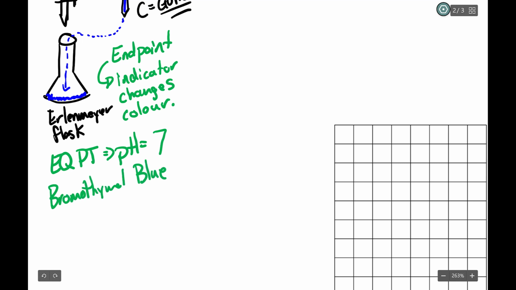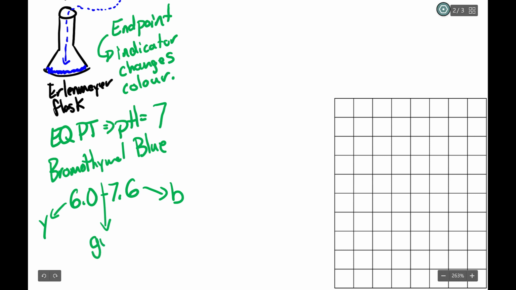Bromothymol blue has a range of 6.0 to 7.6, and it is yellow below 6 and blue above 7.6, and so the in-between color is green. In between 6 and 7.6 also is the pH of 7.